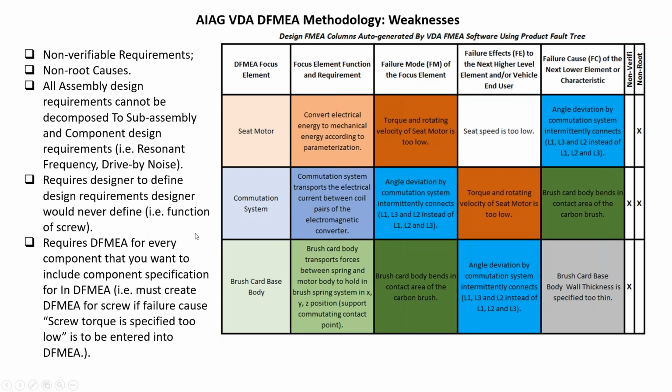If you want to say that rattle is caused by a loose screw, and you want to put into the FMEA that the failure cause with the specification was the screw torque was specified too low, you can't do that directly. You have to do a design FMEA on the screw first, okay? And so the bottom line is, the designer cannot jump right to the spec. They have to create this artificial layer so they can say what they want to say. And obviously, it's just a waste of time, and it leads to having to say, how do you define a spec for screws that has acceptance criteria?